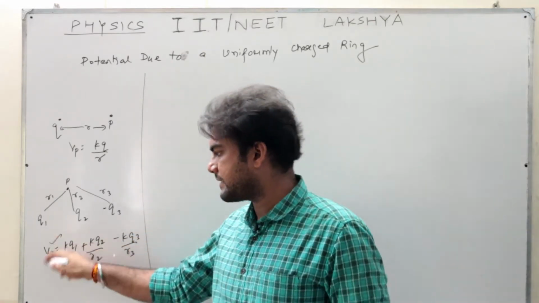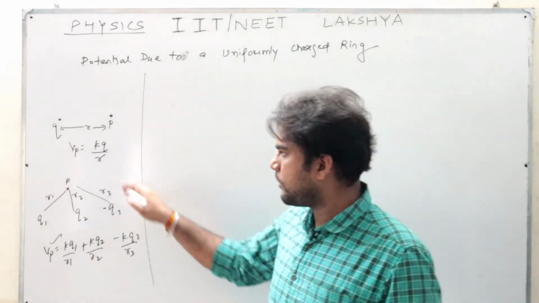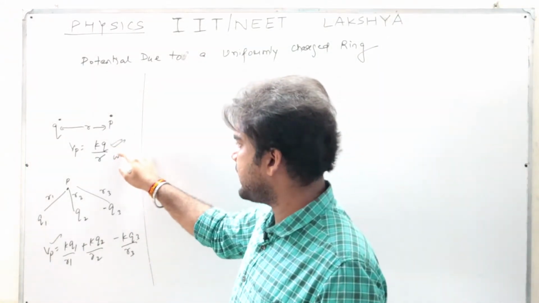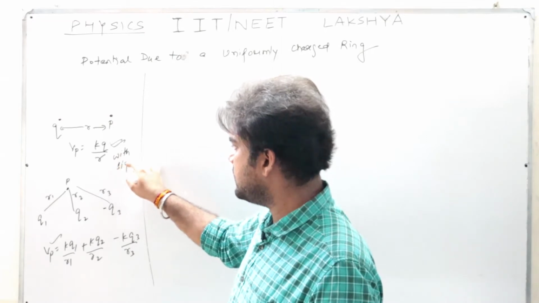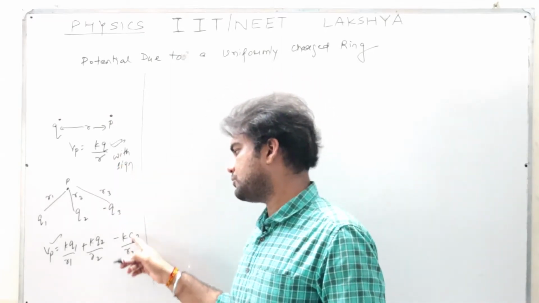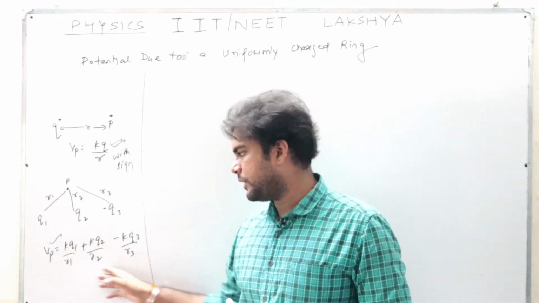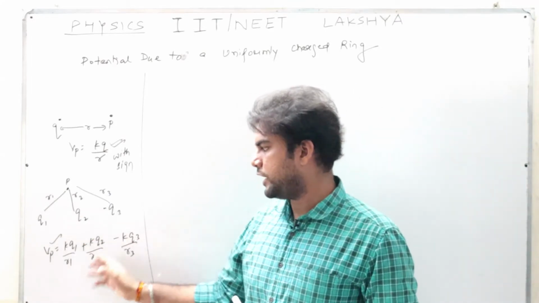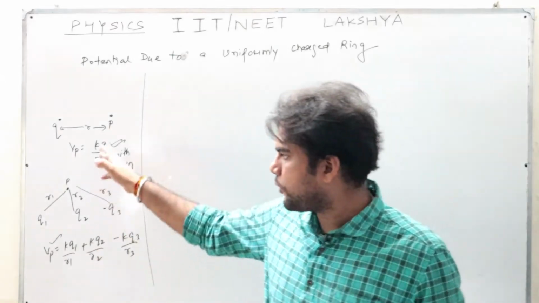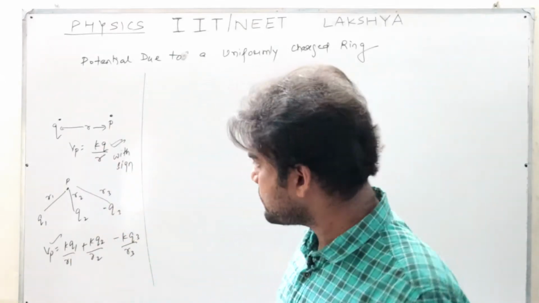We know potential is a scalar quantity, and in this formula you have to substitute charge with sign, as I have substituted here. Since it is a scalar quantity, no directions are required. Simply you can add up the potential due to individual charges. So that is the formula due to an individual charge.